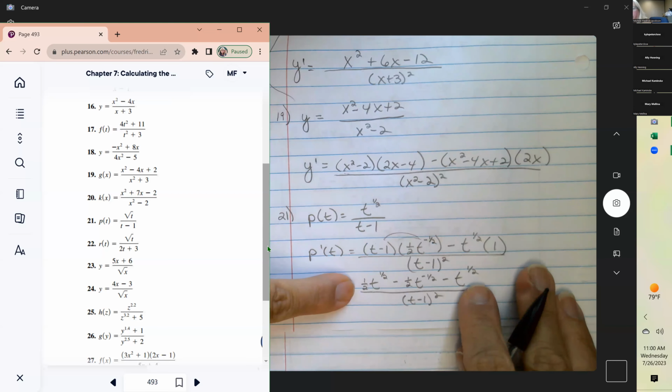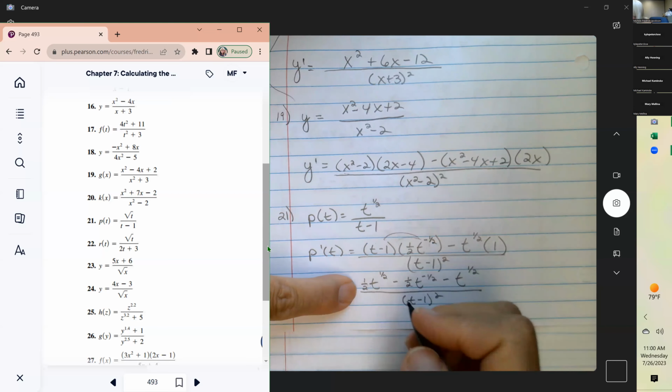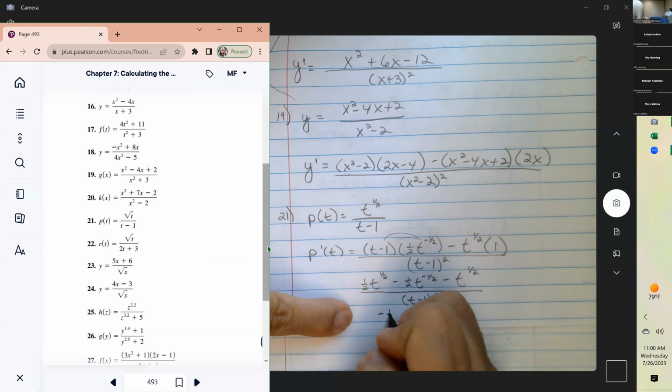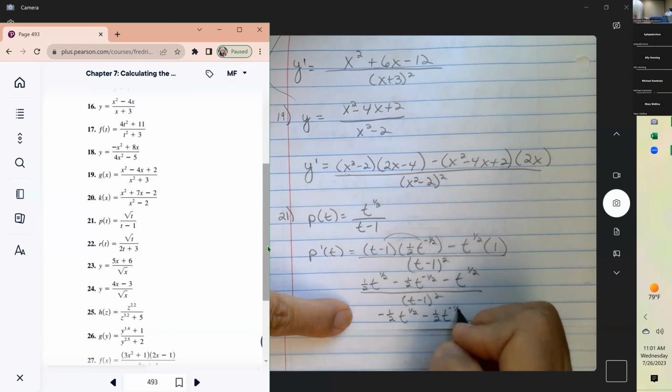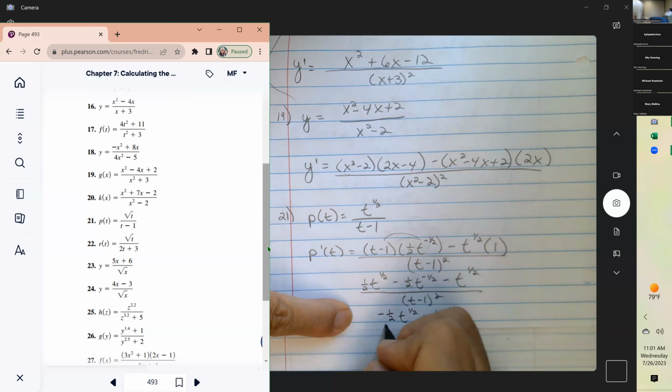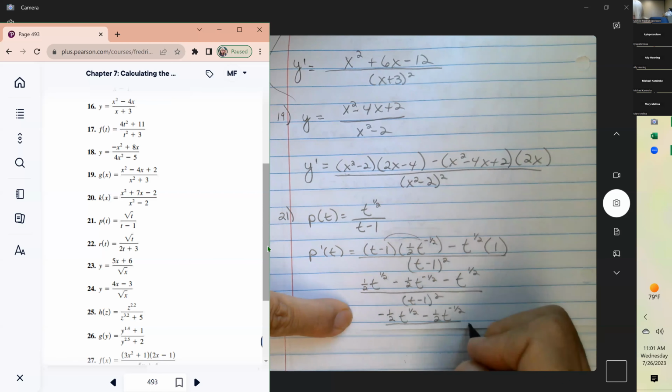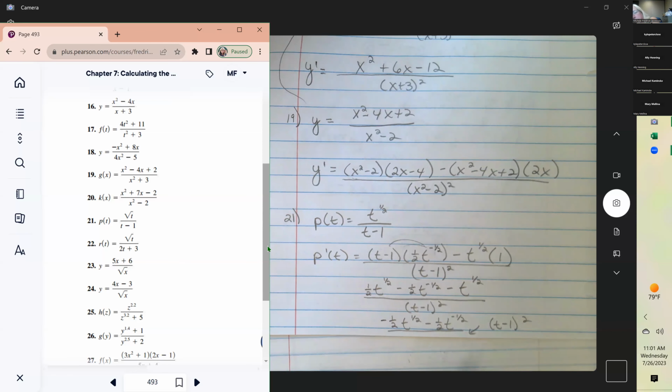These two can be combined. 1/2 minus 1 is a negative 1/2 t to the 1/2 minus 1/2 t to the negative 1/2 divided by t minus 1 squared. So I don't know that it's that much better, but any questions?